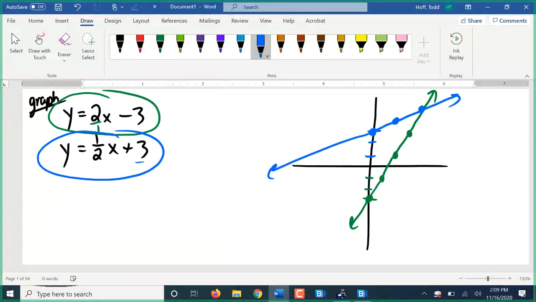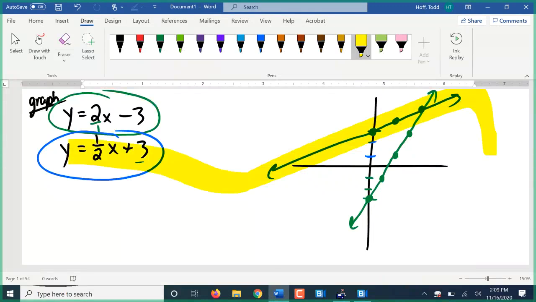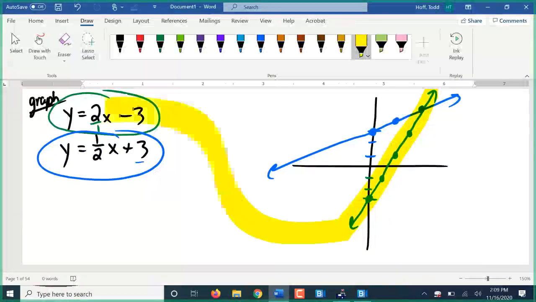Now let's recall what these lines mean. This blue line here is the set of all solutions to the equation in blue. The green line here is the set of all solutions to the equation in green. In other words, I can pick any point on that line. Like this one right here is (2, 1).